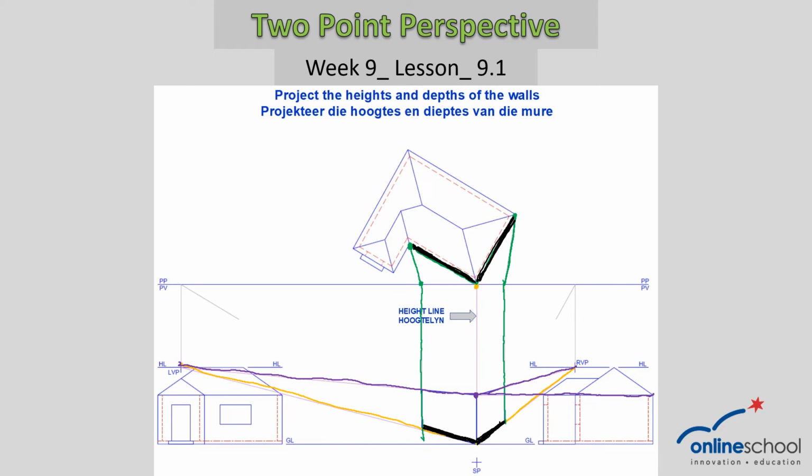So let's clear all of these lines just to make it clear. If we want to get the top of this wall's height, we know that this corner here is the one facing us, the closest point to us, because it's touching the picture plane. So we know what the height of it will be, and we can draw that line in solid.